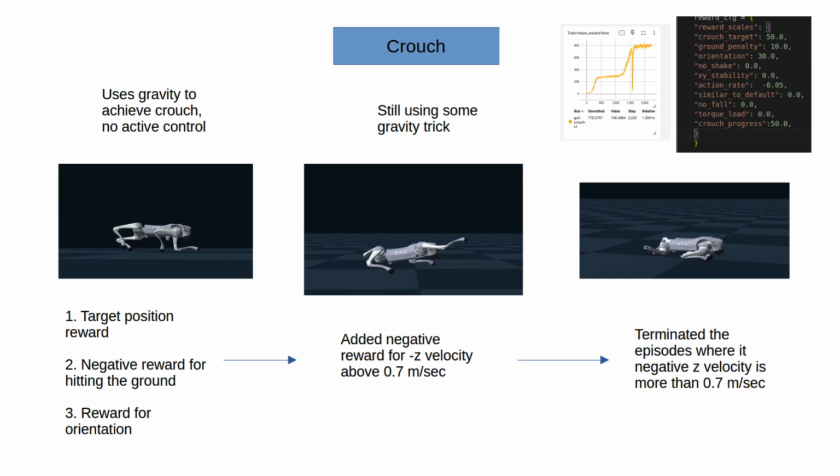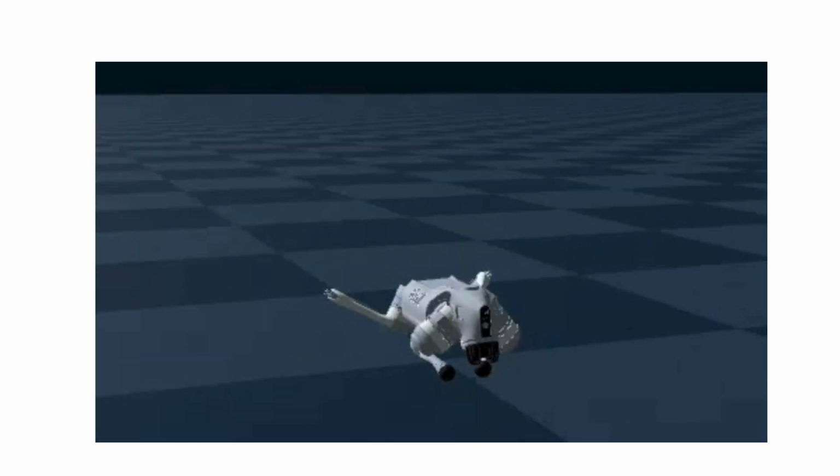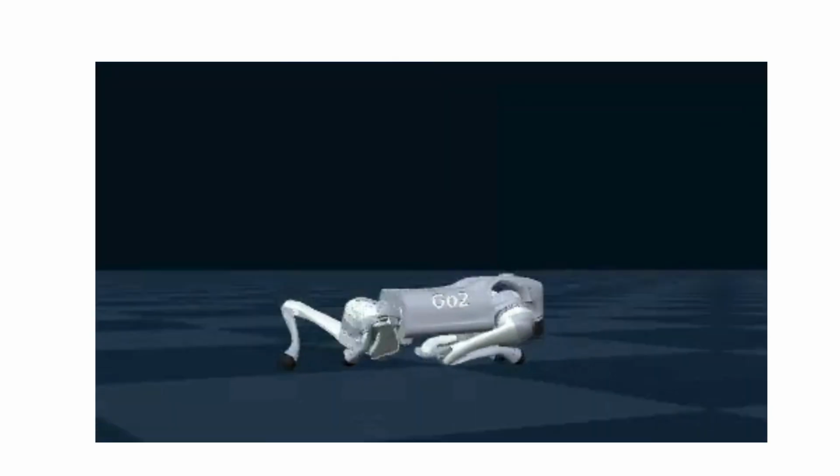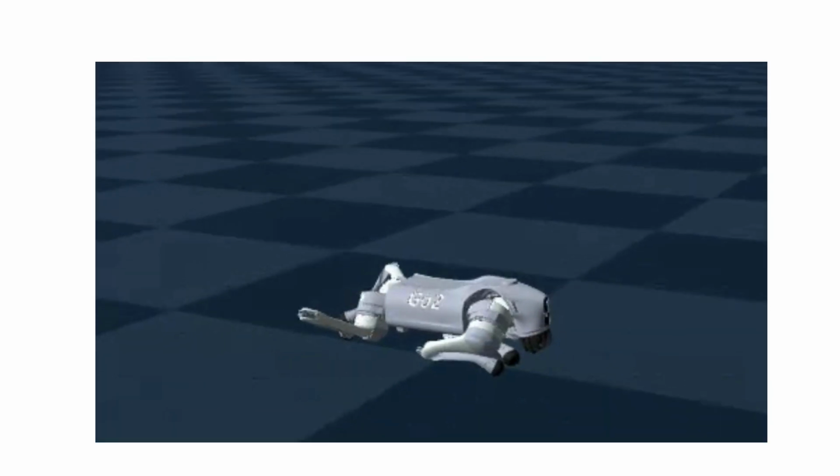Then I terminated the episodes which had a z velocity of more than 0.7, and it converged into a good solution where it was crouching with a controlled behavior, instead of trying to fall directly. Here we can see in the video that now it is able to go to a crouch position in a more controlled manner.